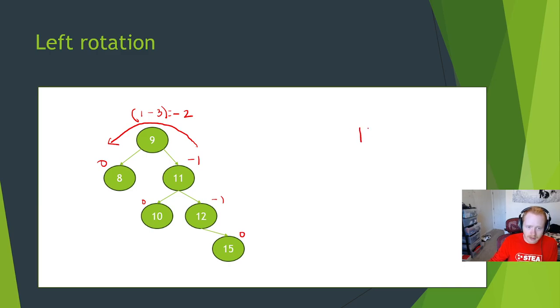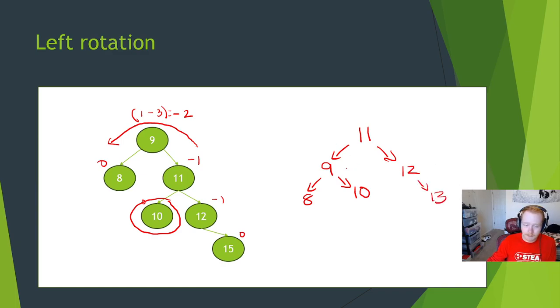If 11 is our new root node, we get the same issue. We can't have 10 be in the right subtree of our tree. So we move 9 over here, and we move 10 to the right side of 9. 8, we throw a 12 here, and then a 13 here.